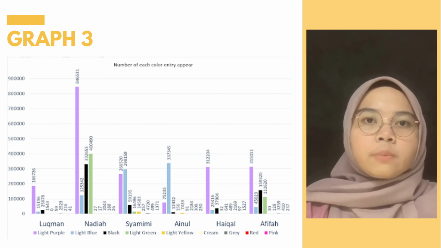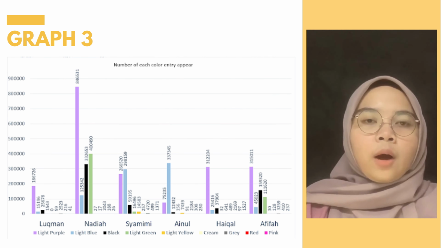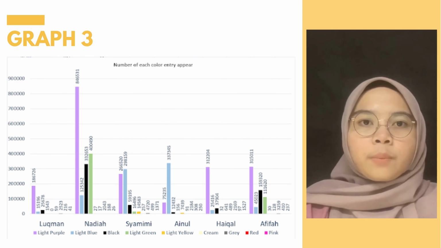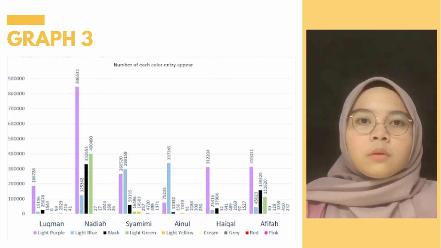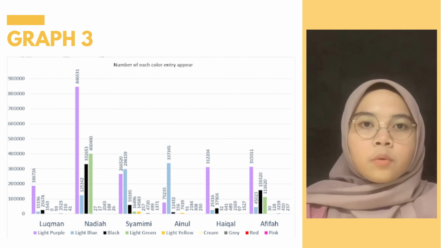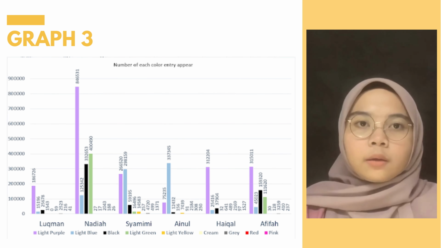Next, the y-axis is presented by the number of each color entry appearance for each of our members, and for the categories of the data, the bar is represented with the same color as the color of the number entry appearance in the capturing of packets on the network. We have protocols with light purple, light blue, black, light green, light yellow, cream, grey, red, and pink.